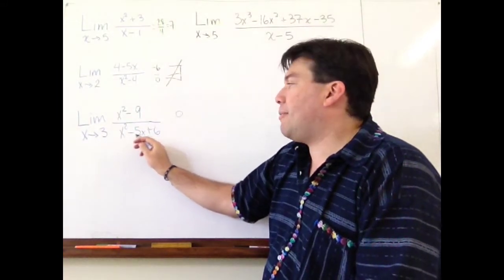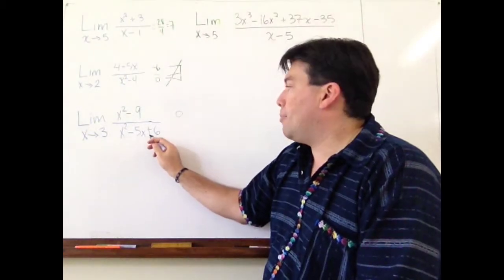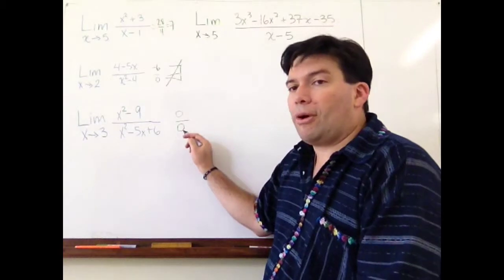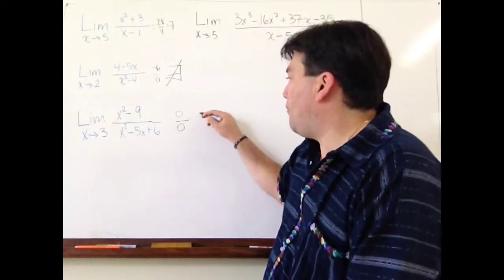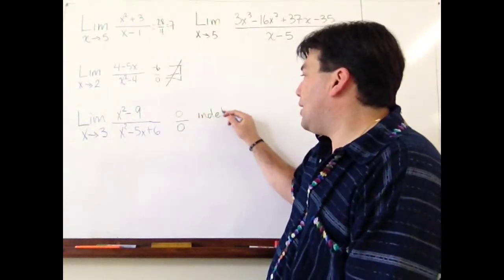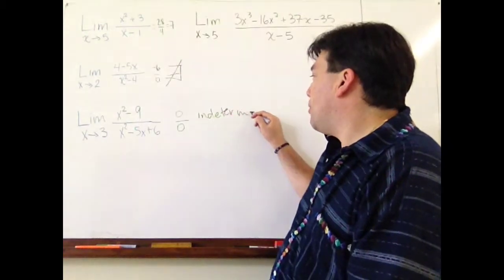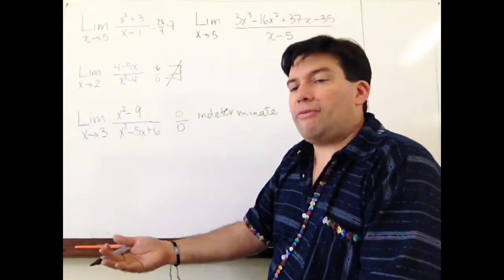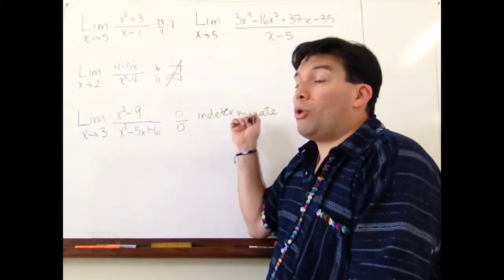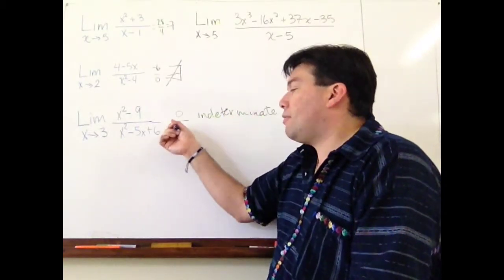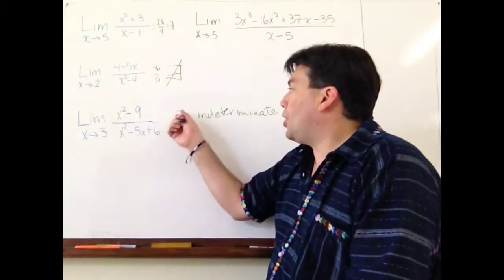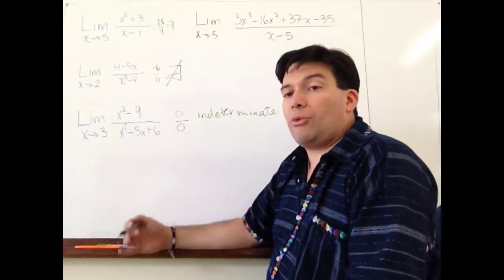That's 9 minus 15 is negative 6, plus 6 is 0. So we have 0 over 0. This is an indeterminate form. Of course, 0 over 0 is still undefined, but it's an indeterminate form, which means we cannot tell what the limit is without working some more. So when you have 0 over 0, you still have to work it.